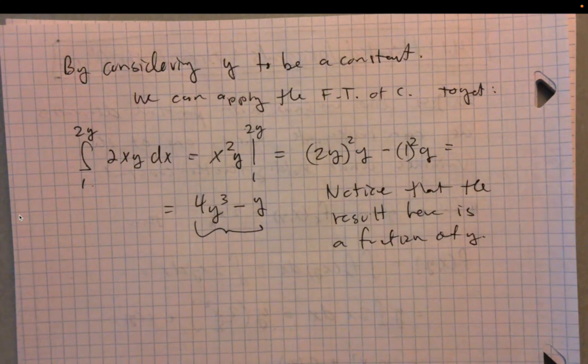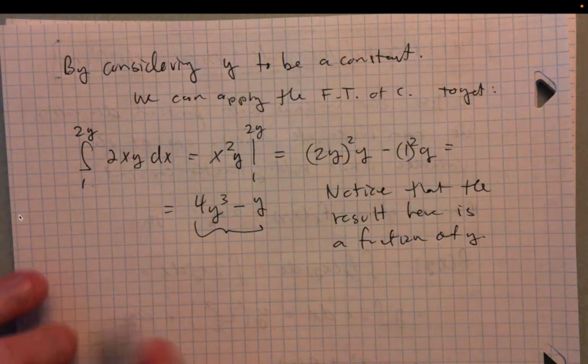We could do the same thing by holding x constant and integrating with respect to y instead of with respect to x. So the idea with iterated integrals is that we're going to place functions into the limits of integration of the integral itself. And you can do it both ways.